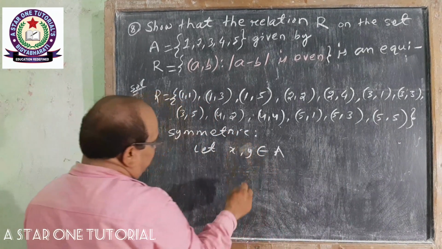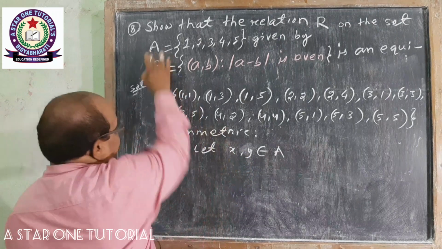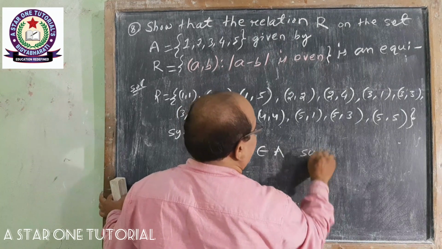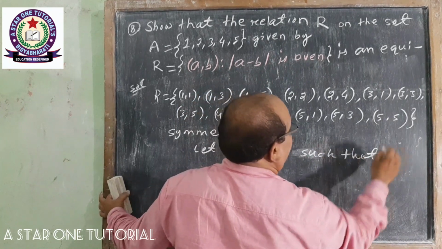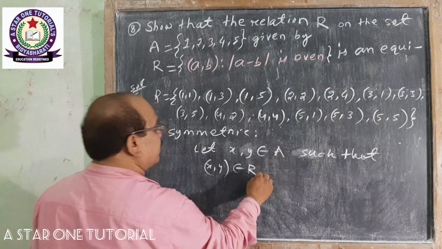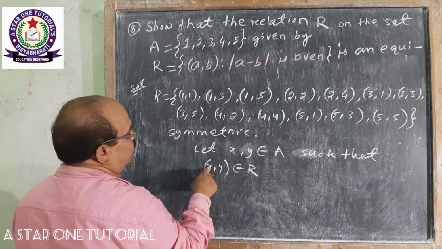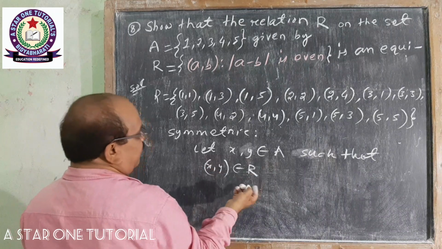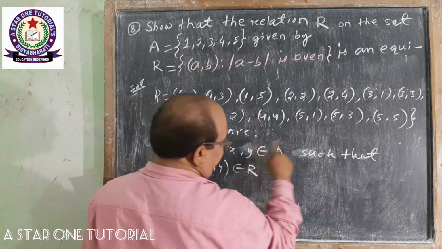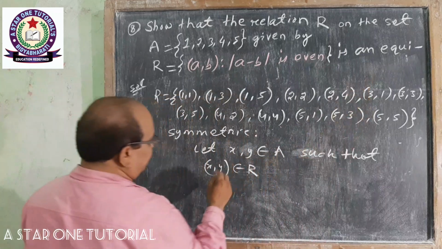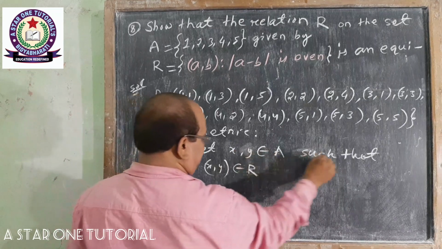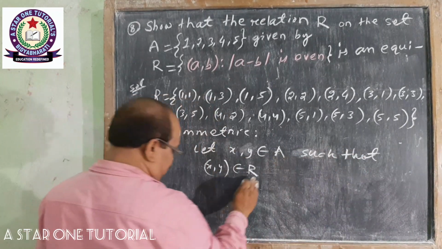So we have to take x and y, two elements from the set A, in such a manner that (x, y) order pair belongs to R. Means if you take x is equal to 1, then y may be 1, okay, or y may be 5 like that, or y may be 3. Okay. So if x and y belong to A such that (x, y) order pair belongs to R.